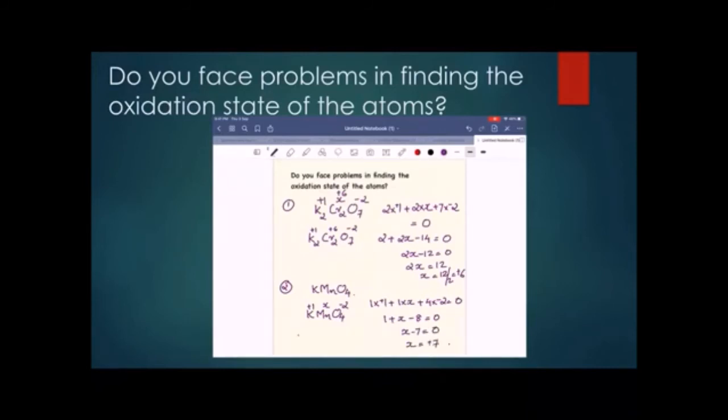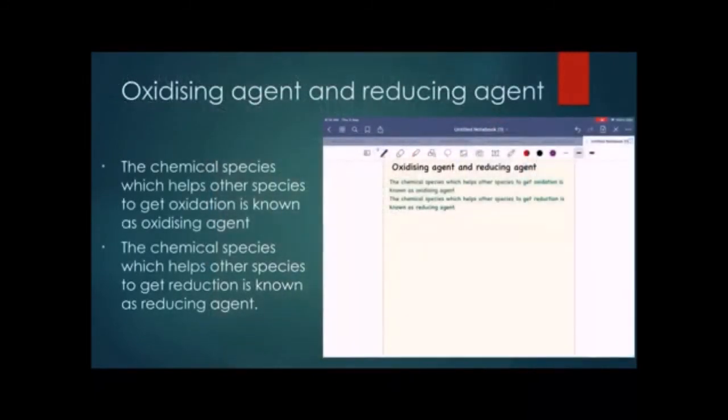So now I can write the oxidation state of all the atoms. K +1, manganese +7, oxygen -2. We will study what is an oxidizing agent and a reducing agent. In a chemical reaction, especially in a redox reaction, the chemical species which helps other species to get oxidation is known as oxidizing agent.